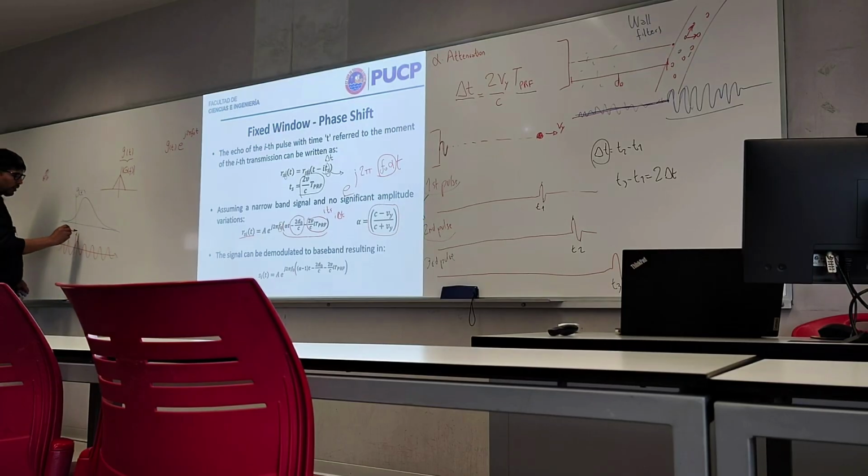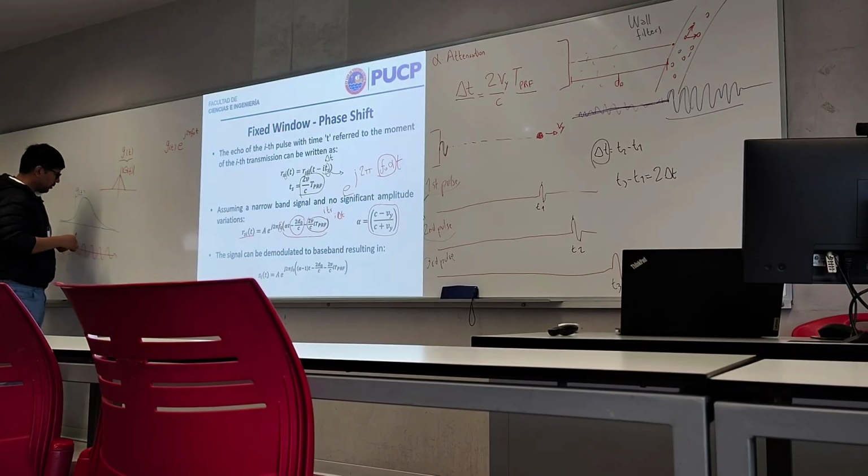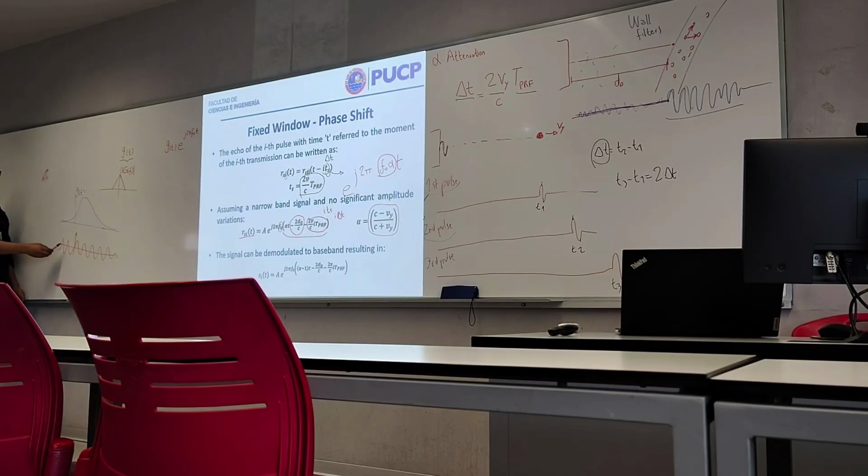And what would be the product? The product of g(t) multiplied by the complex exponential. If you look at this, it will look something like this.